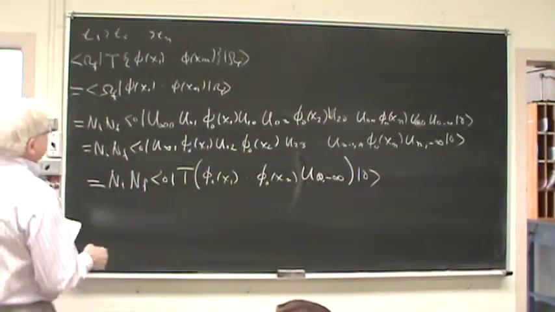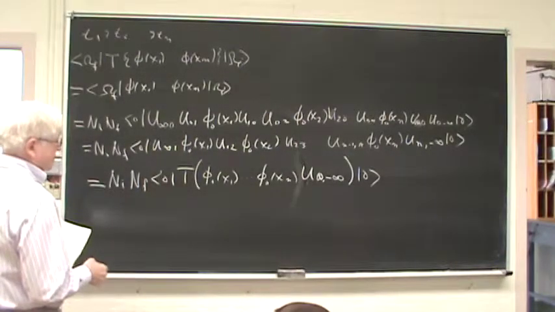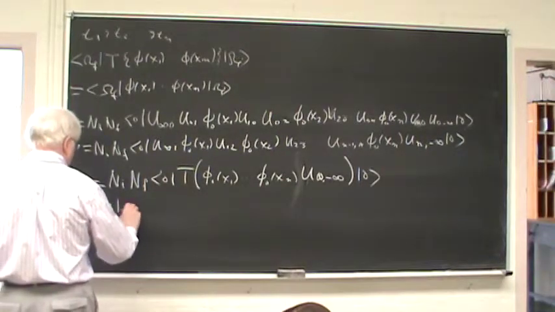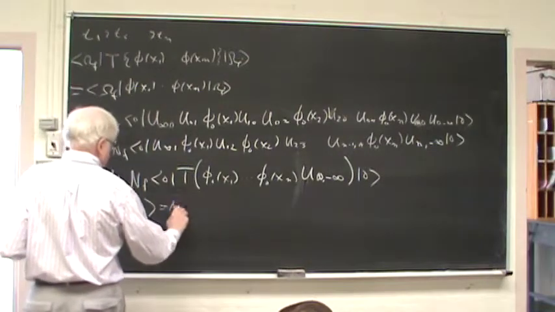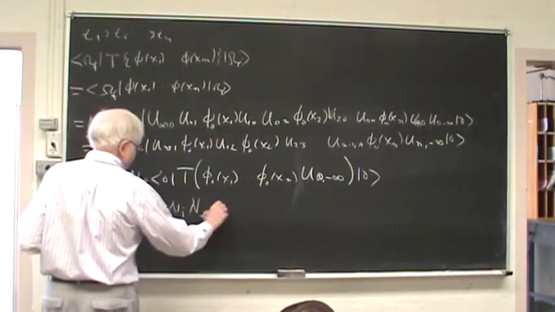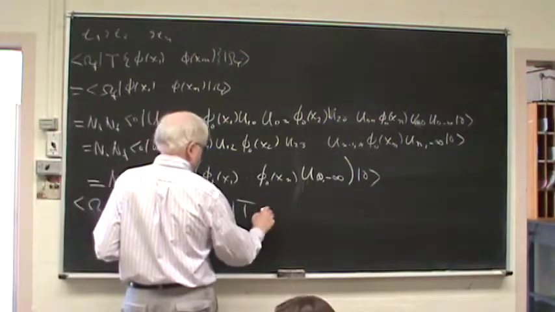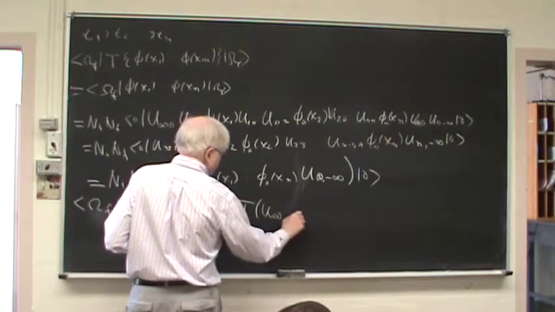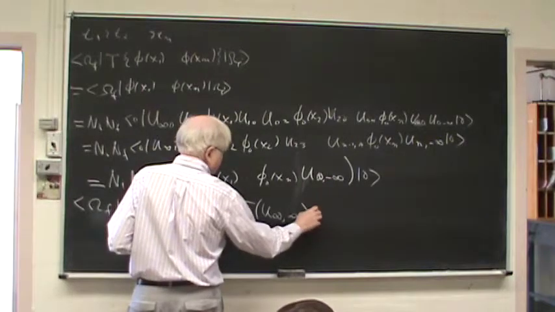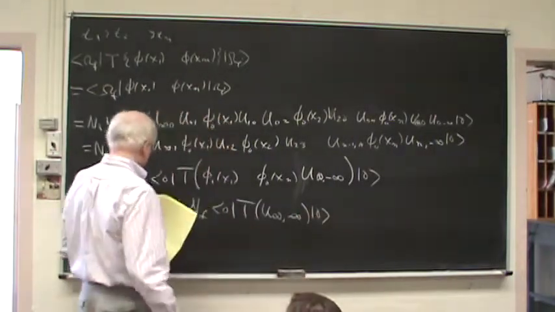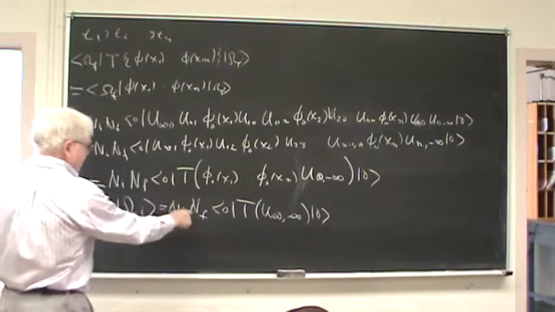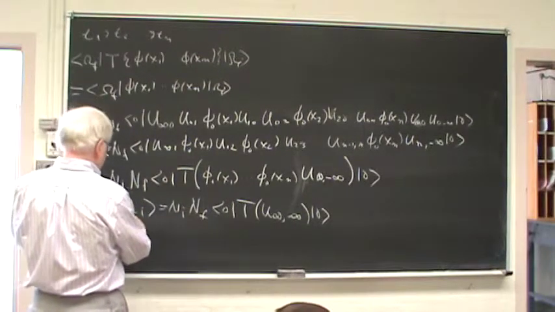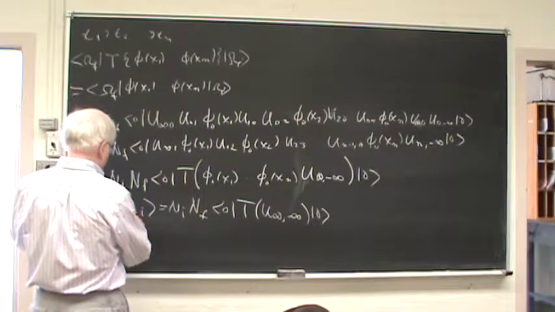On the other hand, if we look at this expression without any field, then we have omega f, omega i equals NI NF, 0, time ordered product, well, doesn't really matter at this point. So this NI NF, and this we're thinking of as one.